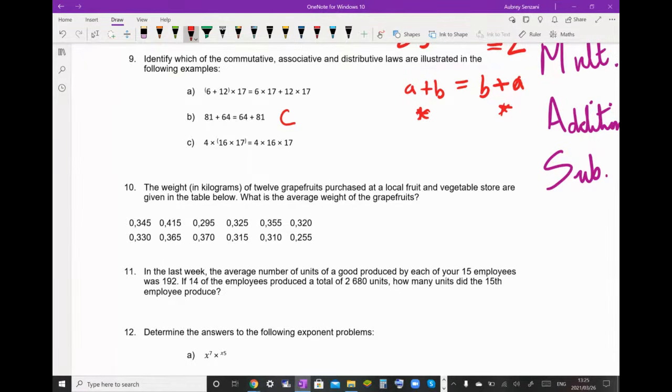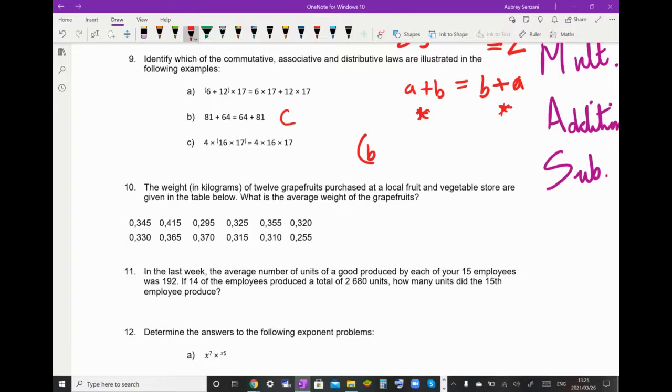Then the next law that we have is the distributive law. In the distributive law, it's basically just highlighting the fact that when something is in brackets or outside of brackets, it pretty much works out to be the same thing. When we expand or contract something, we get the same answer. So for instance, here's another illustration.